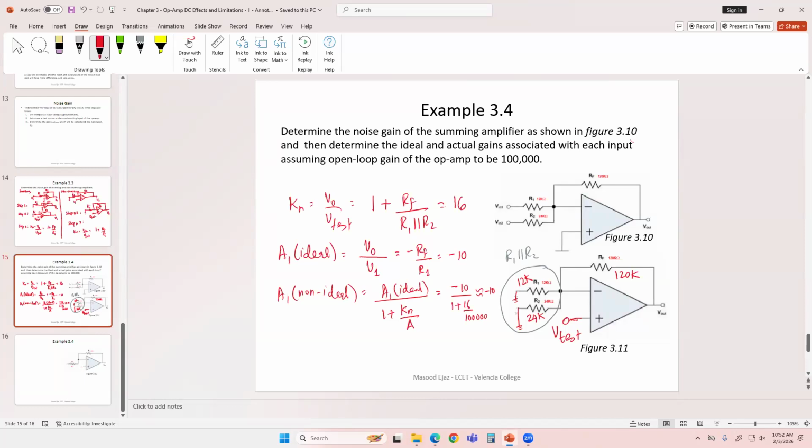And similarly, you can calculate A2 ideal and non-ideal. A2 ideal is going to be 120 over 24, so half of that, which is 5. And then the non-ideal is also approximately equal to -5. So we can just write that down. A2 ideal, V out over V2, is negative RF over R2, which is -5, 120 over 24.